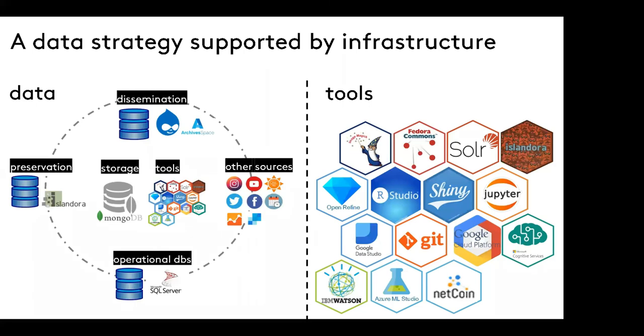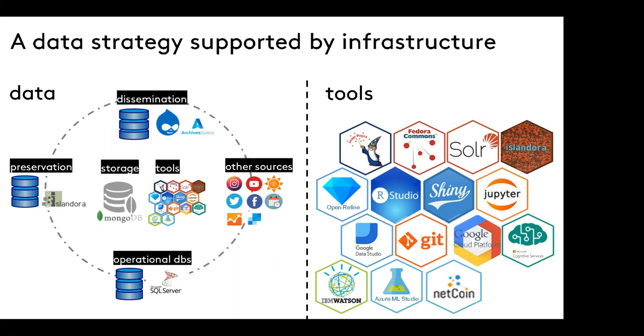And then we also collect many other data from other sources, like social media, our Twitter account, Facebook, Instagram, YouTube, and we even collect information about the weather or the calendar, so that we can use it for predictions.